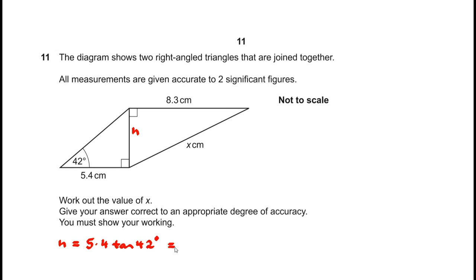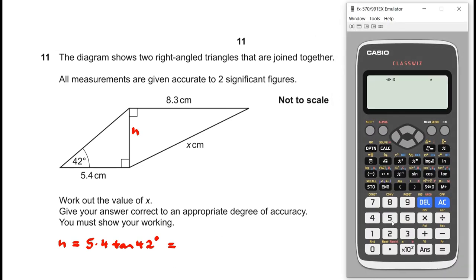So if we work out what h is, we get 4.86. So we have h equals 4.86, etc. So we need to find out what x is.